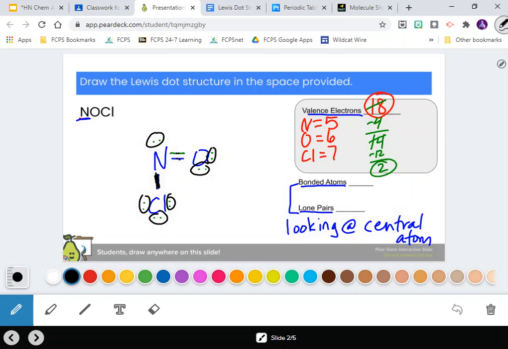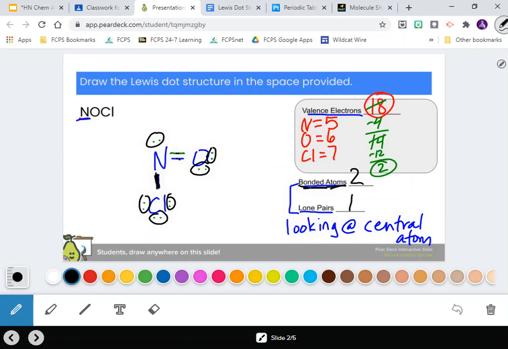Now, if we're looking at our nitrogen here, how many total atoms are bonded to the central atom? Nitrogen's the central atom. We have 2, the oxygen and the chlorine. That's 2 bonded atoms. How many lone pairs on the central atom? Only 1.